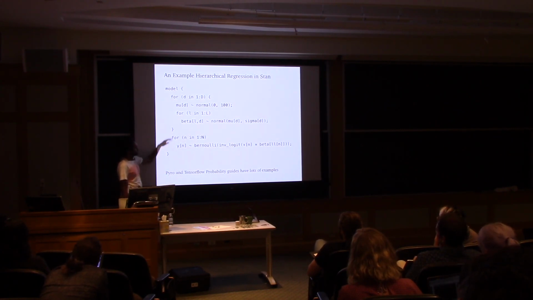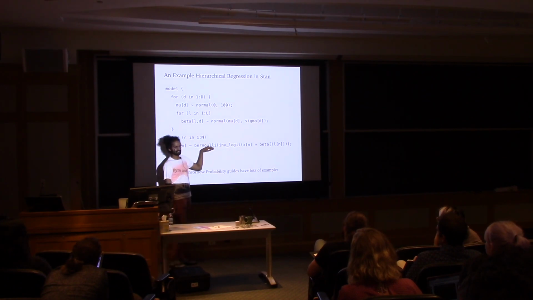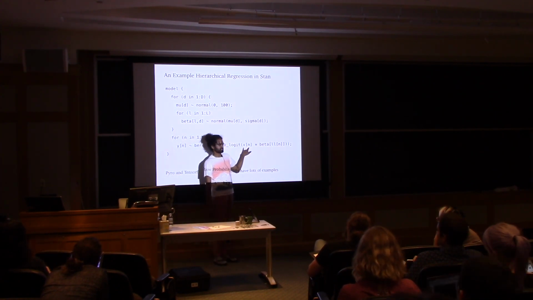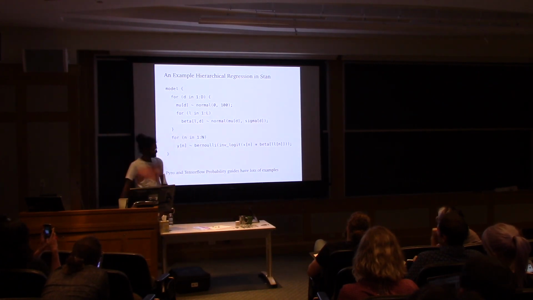Then at the end, they generate the data, and you have a Bernoulli, which is just 0, 1. You compute the parameter by taking your features, the covariates, and multiplying them by the beta for the group of this observation. Pyro and TensorFlow Probability guides have examples like this as well.